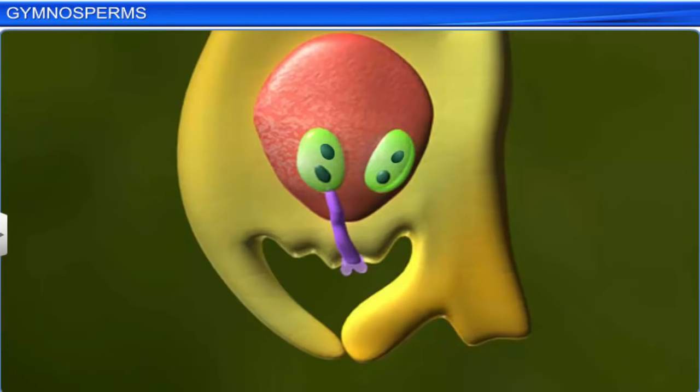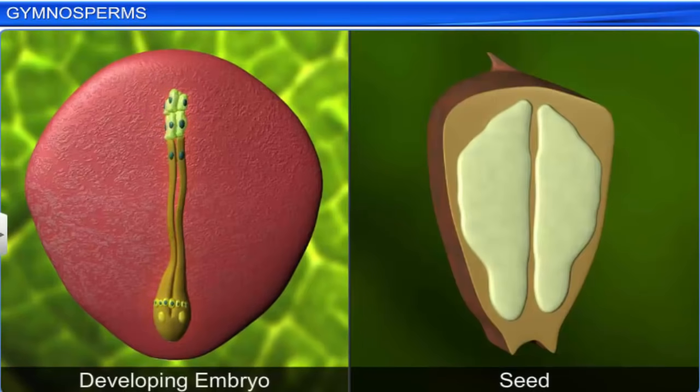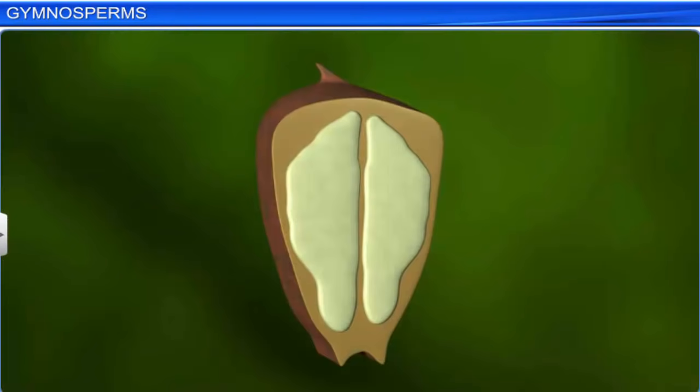These gametes fuse with the egg to form a zygote. Post-fertilization, the zygote develops into an embryo and the ovule into a seed. Interestingly, gymnosperms were the first plants to have a seed habit.